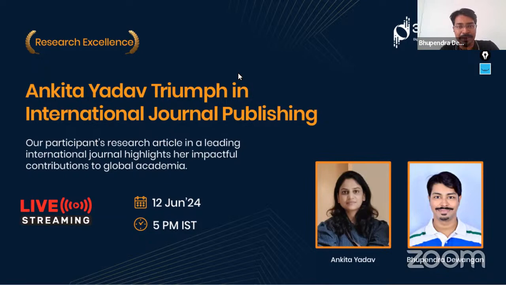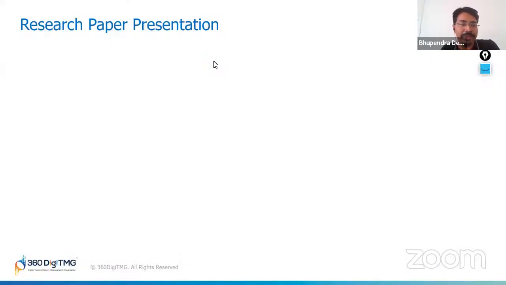In the same way, all our participants who are very active, the top three of course, we choose, and in our project those top three participants get their paper published, or at least stand a chance to get their paper published. And here we are with one of our students, Ankita Yadav. Now we will see what we had here.